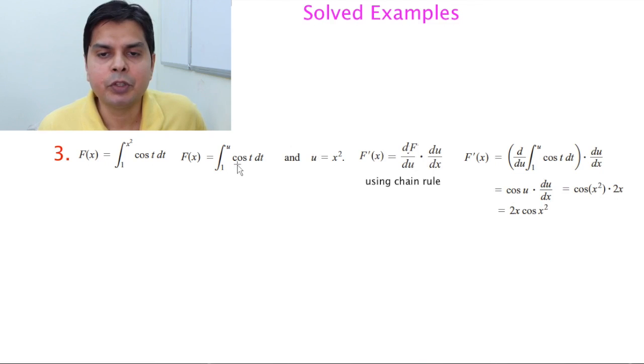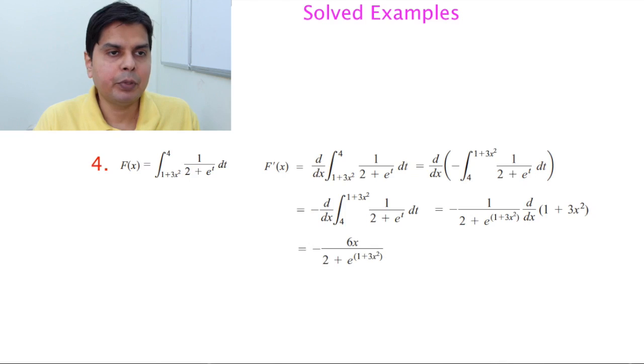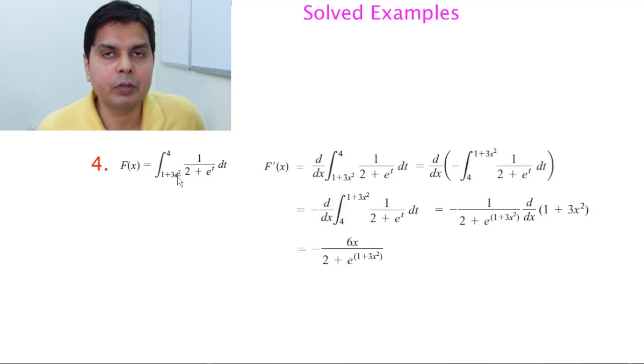I have just used the chain rule and the method of substitution, because my upper limit was not x, it was x square, which is a function of x. Let's see the fourth example. Here again the function is somewhat different. f(x) is the integral from 1 plus 3x square to 4. First of all I will interchange the limits, so I get a minus sign.